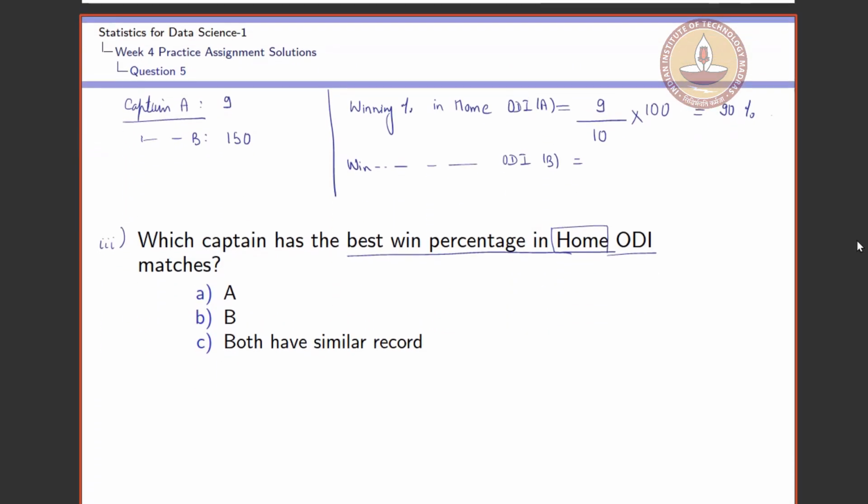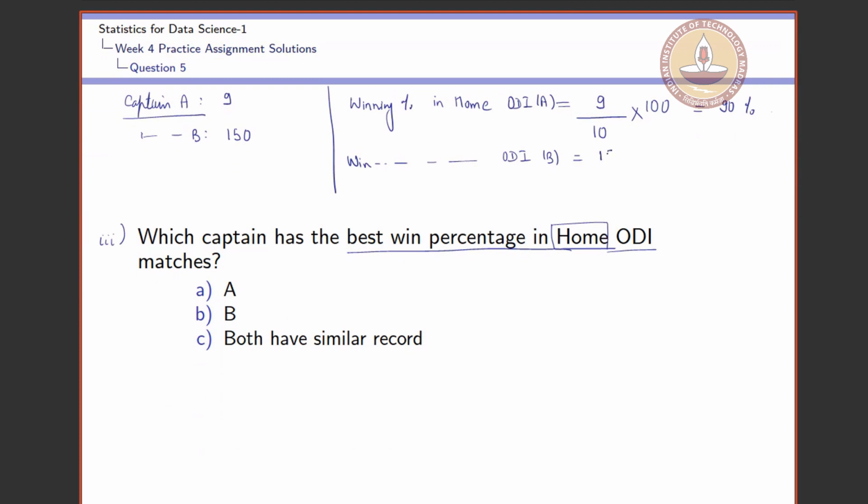So, the number of matches won divided by the total number of matches played by Captain B in home ODI, that is 200, into 100, is equal to 75%. So, we can see from here that Captain A has the best winning percentage in home ODI matches. So, our first option is correct.